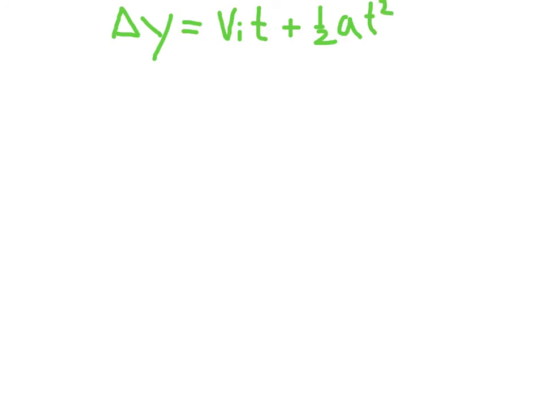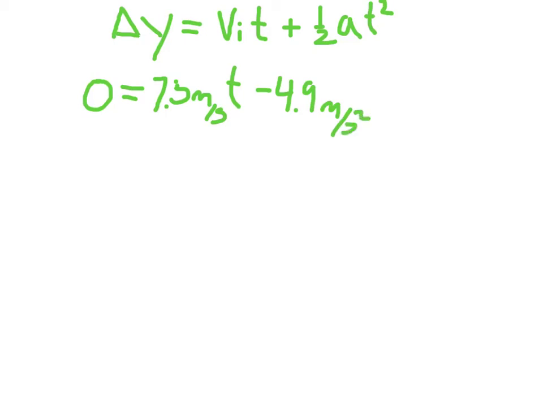Plugging in our values, we have 0 equals 7.5 meters per second times time minus 4.9 meters per second squared times time squared.